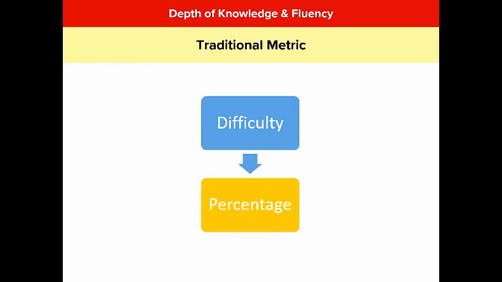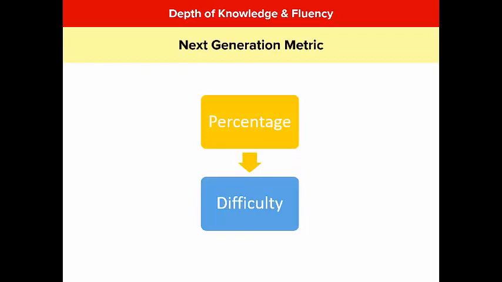So in Smarter Solving, unlike traditional metrics that show an accuracy for a particular difficulty, which worked well in the old framework, in the new framework, we flip that around. Fluency flips this by providing you the depth of knowledge difficulty for each standard or target that a student can solve reliably. And we define reliably as 70% of the time.